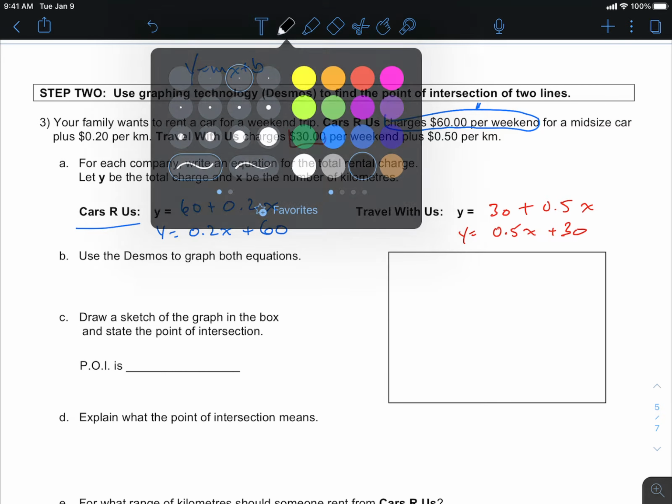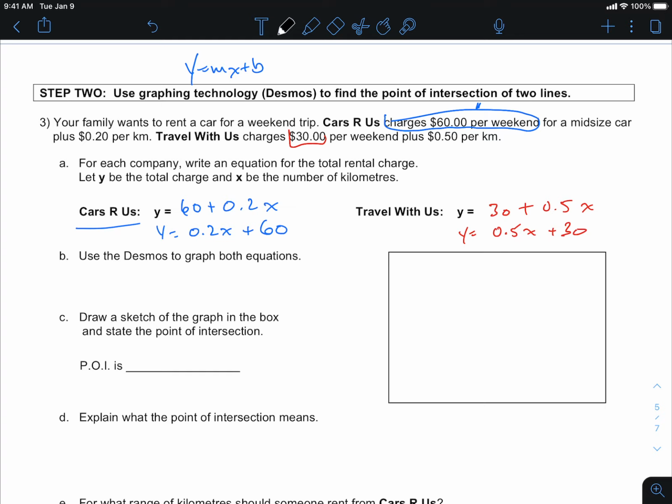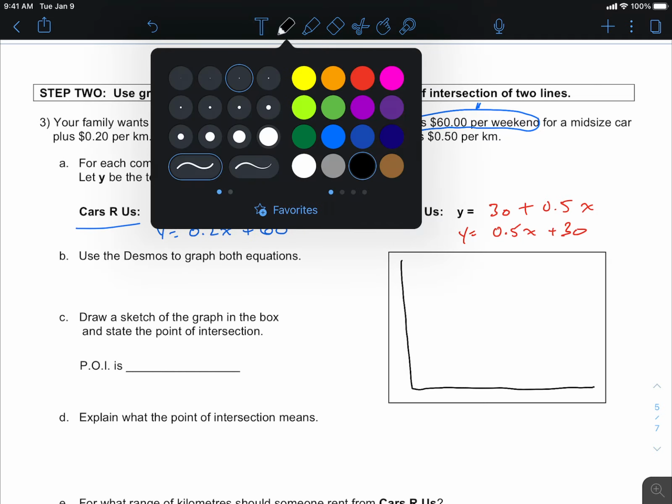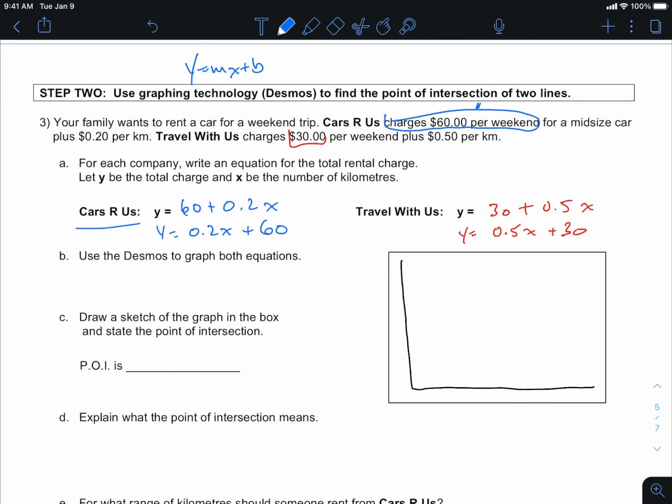So I'll draw the grid lines, and in blue here, this is going to be the Cars R Us line. We're starting at 60, and then it's not too steep, we'll go like this.